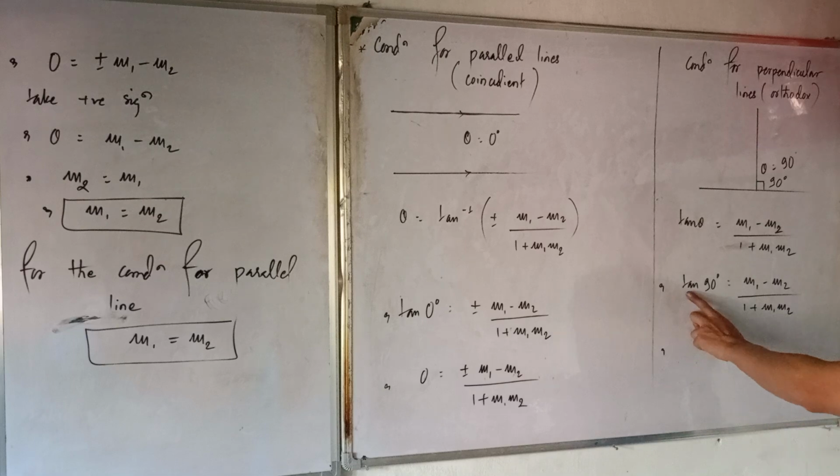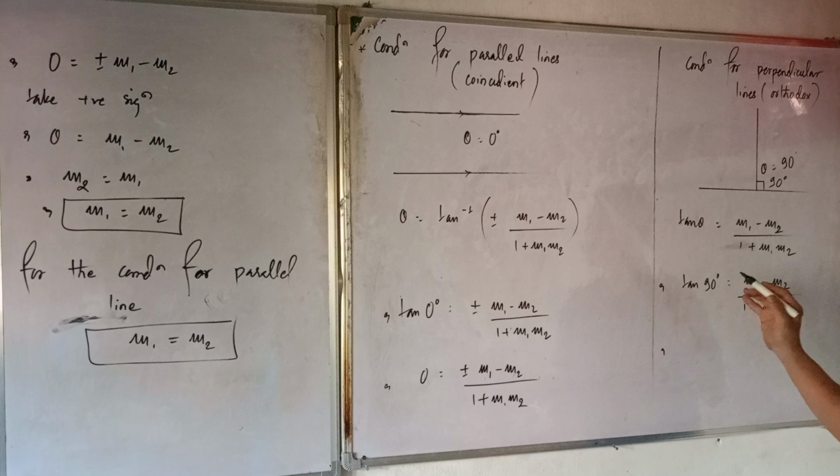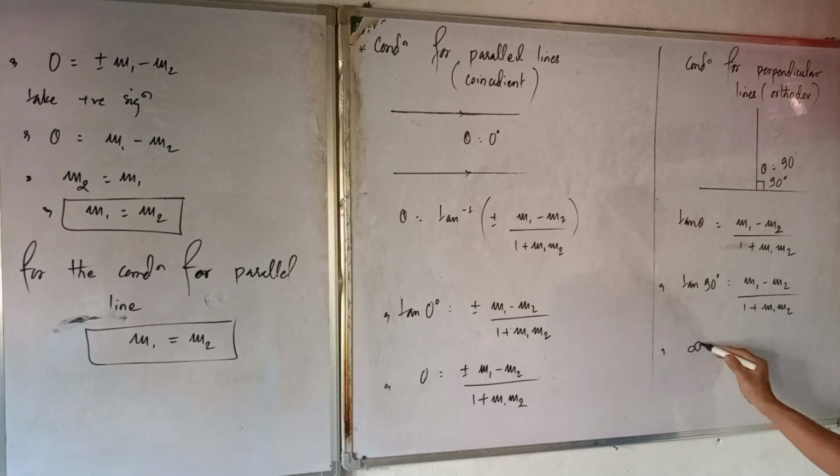When you calculate tan 90 degrees, something will appear in your calculator, which is syntax error or math error, which means that it is infinity.